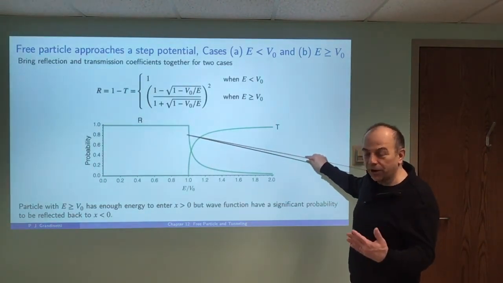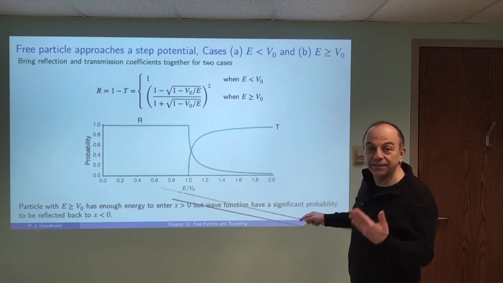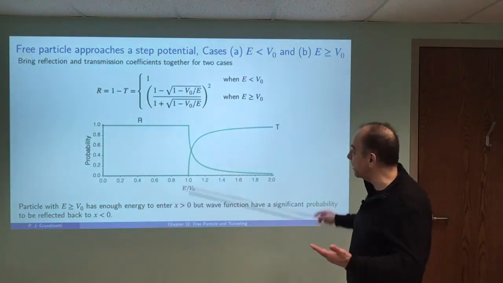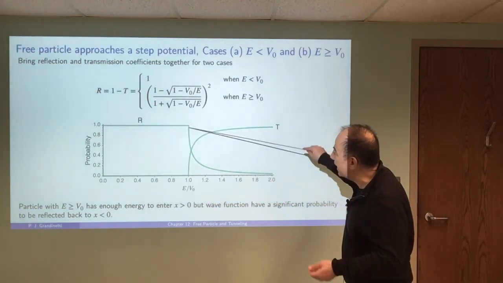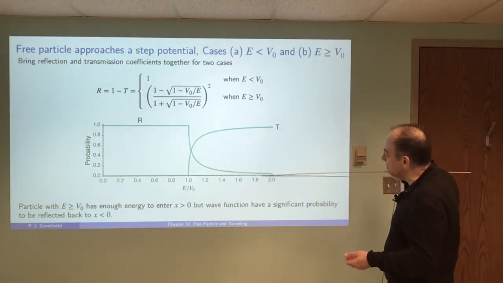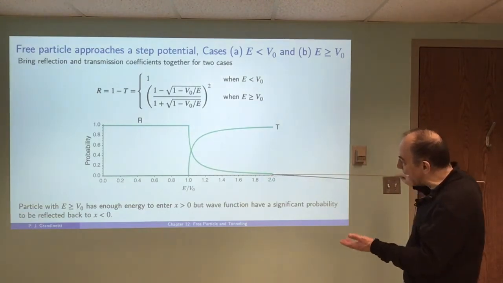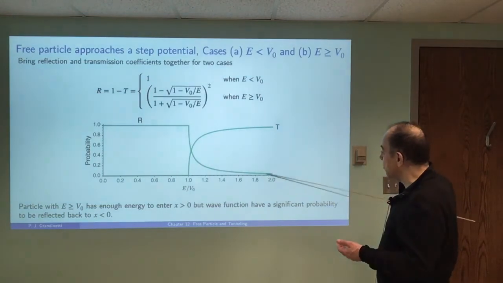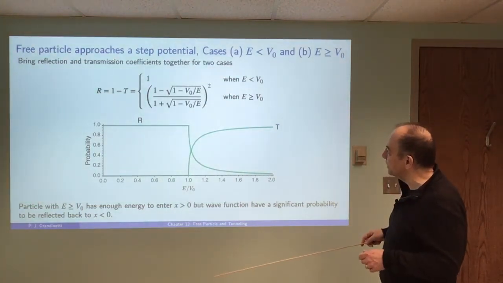A classical particle would drop immediately to 0 once it exceeded the barrier potential. But here you see that it decays and eventually goes to 0, but it's not till you're out here, to maybe a factor of 2 greater, that you start to get closer and closer to 0.